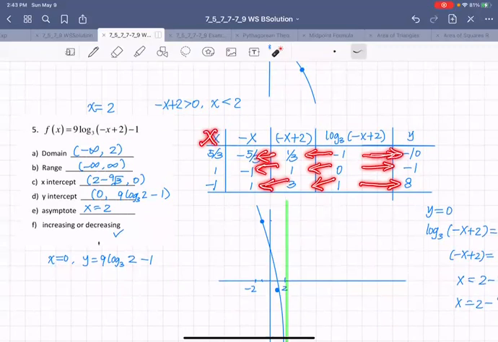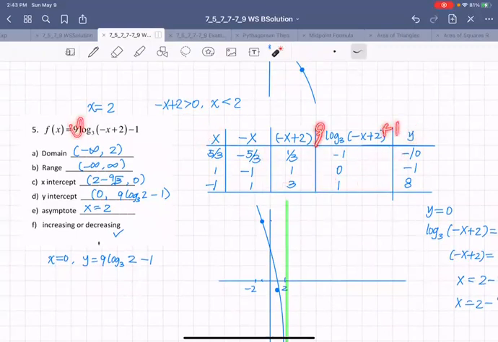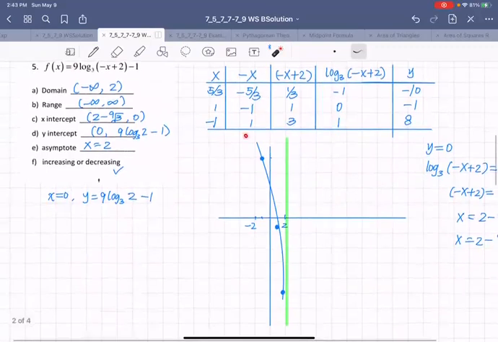You keep doing the other direction until you reach the y, because you need to times 9 and plus 1. After you get the 3 point pairs, you draw it. You might ask me why this looks so weird, because it has a vertical stretch of 9. That's why this is so steep.